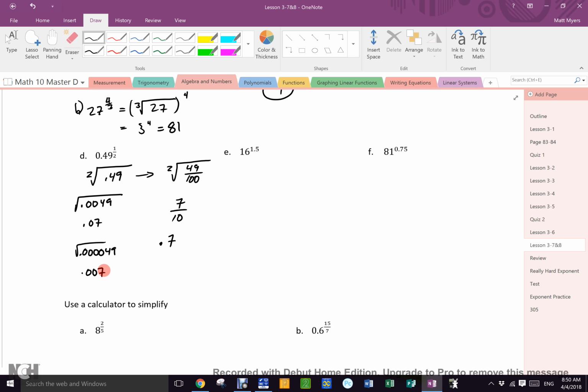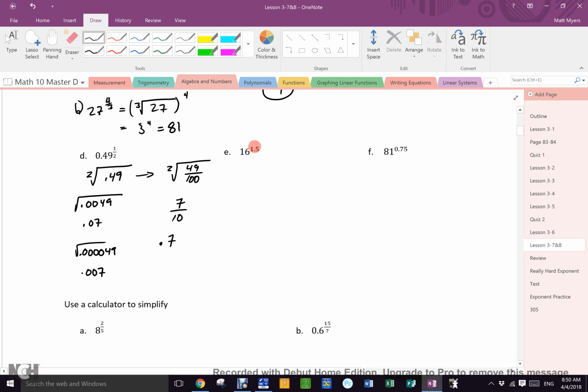All right, what's different about E? The exponent's a decimal, isn't it? But what do we know about all decimals? Does that decimal end? So is it a fraction? Yeah.